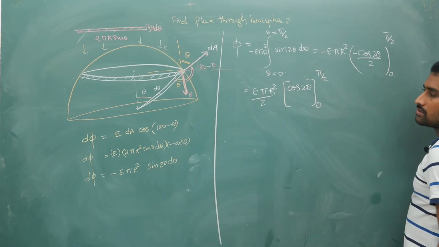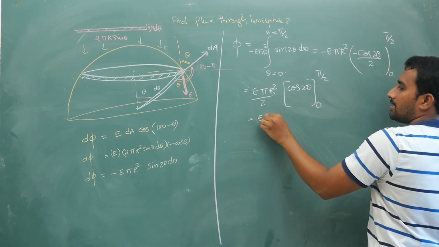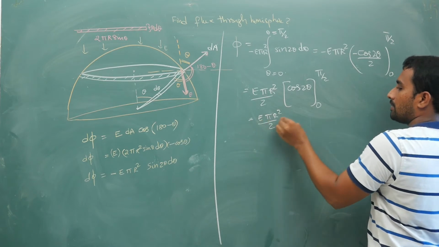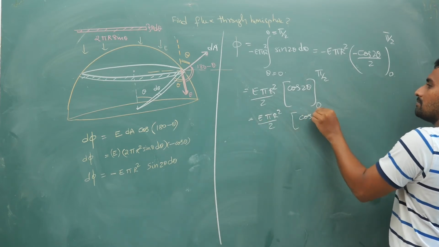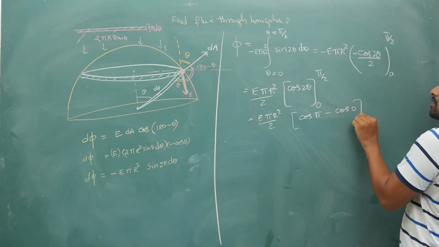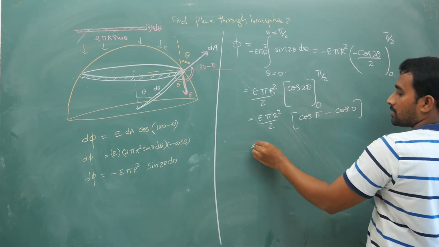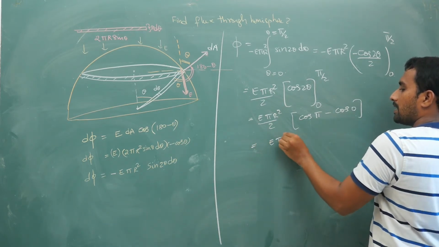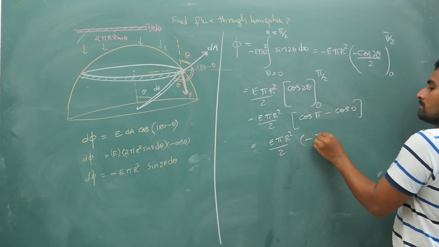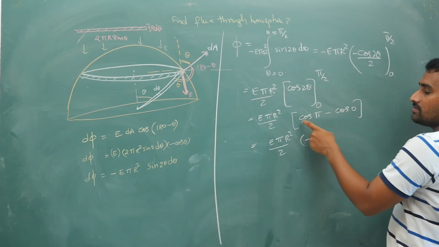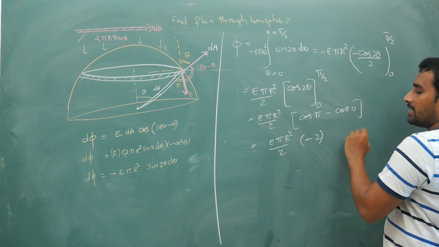I have taken 2 out. That will give you E times pi r square by 2 times cos pi minus cos 0. Cos 0 is 1, cos pi is minus 1. So E times pi r square by 2 times minus 2. Cos 180 value is minus 1. Minus 1 minus 1 gives you minus 2.